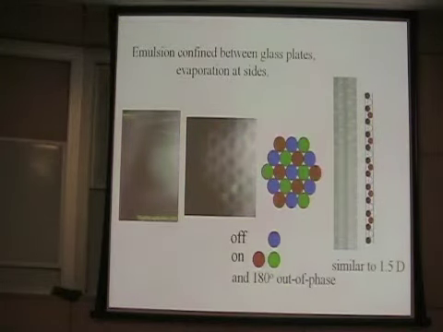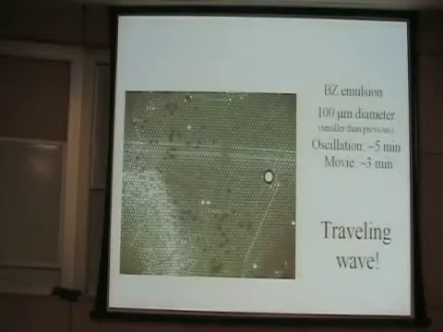Then the middle one just decides to turn off, and the other ones oscillate 180 degrees out of phase. The conditions are just very similar. So there's a lot of dynamical states here, and it's a very rich system.